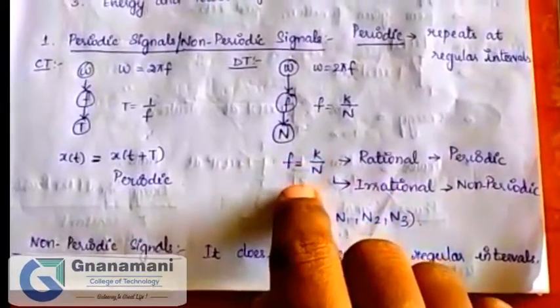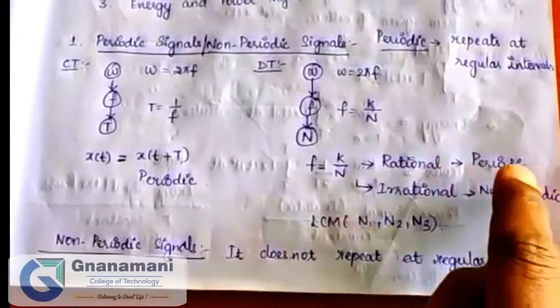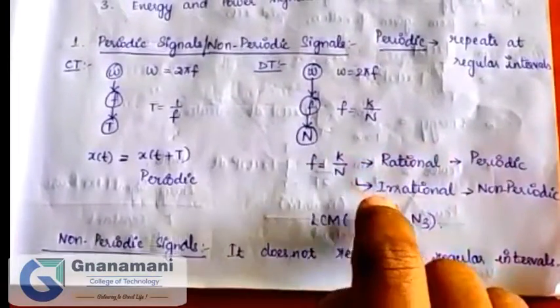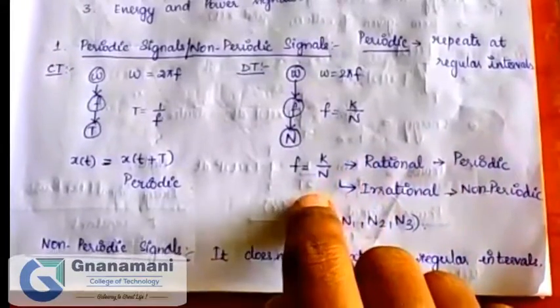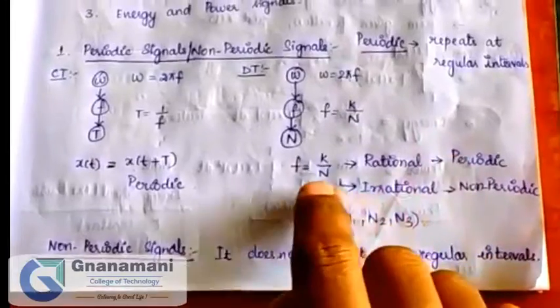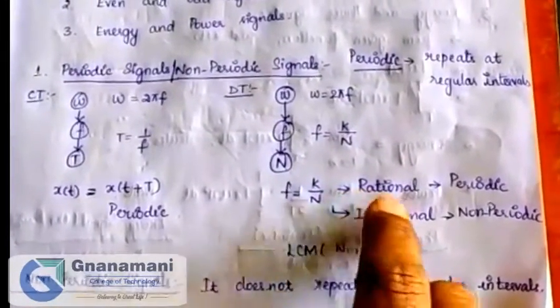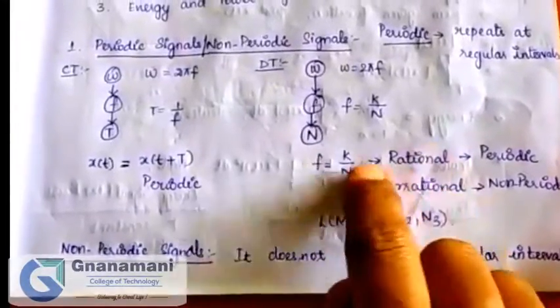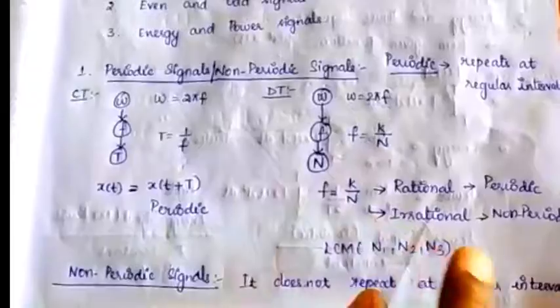If f equal to k by n is rational, then it is periodic. If it is irrational in nature, then the signal is non-periodic. If they have given more than one period, then we have to find the LCM of n1, n2, n3 and so on. So these are the steps to find out whether the signal is periodic or non-periodic.